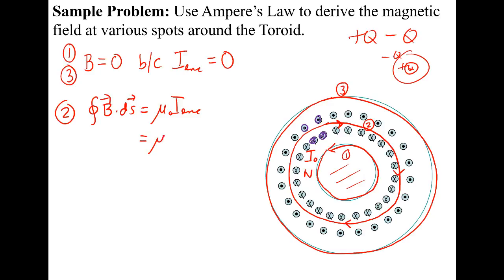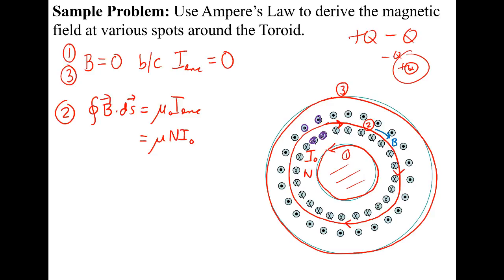So that means it's just mu naught N I naught. Now the left side, we think about our loop, and we think about what our magnetic field is doing. So if you point your thumb into the page, then you're going to see that the magnetic field is going to loop around in this direction.